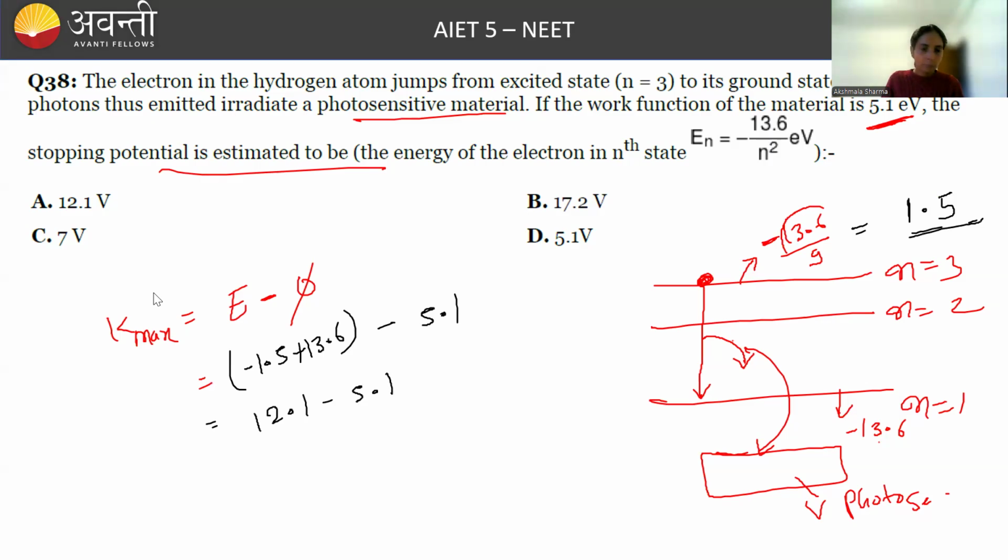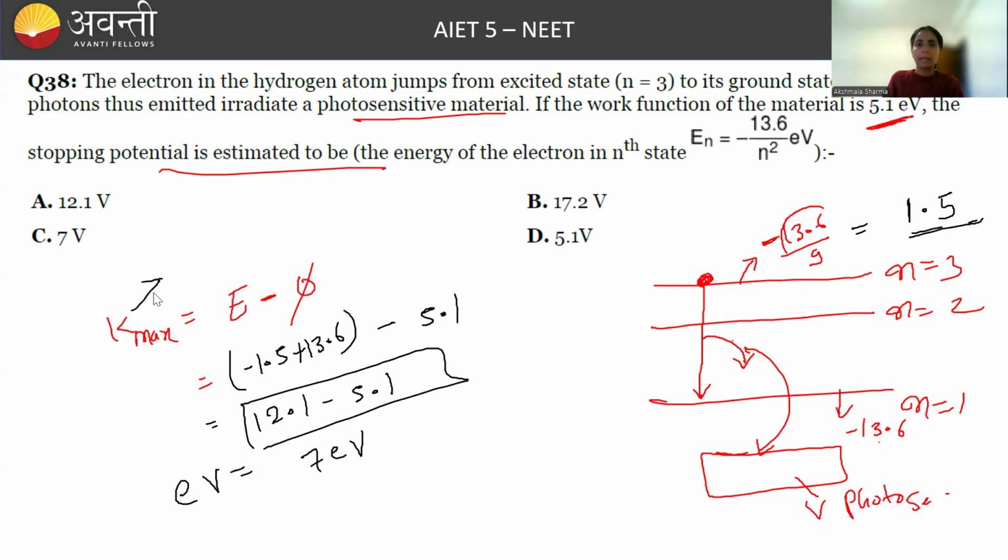So this will become how much? 7 electron volt energy.